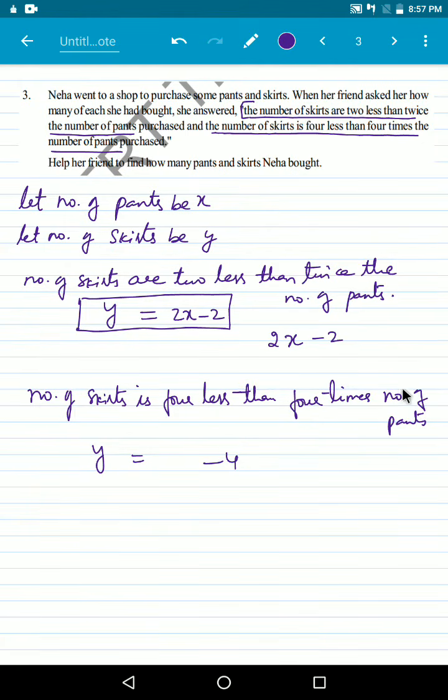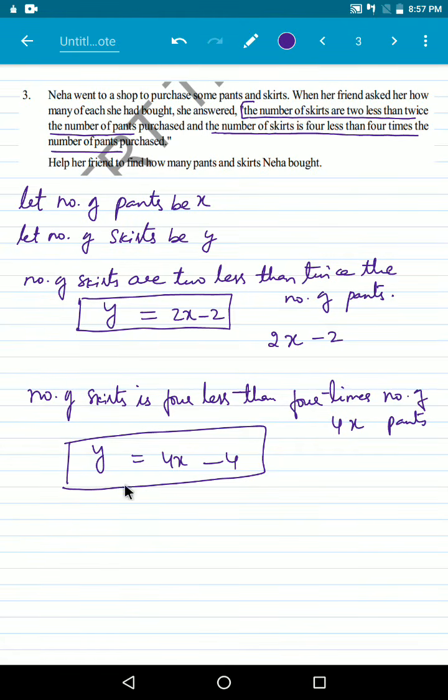From 4 times the number of pants. The number of pants is X, so 4 times will be 4X. So we should subtract 4 from 4X, because the number of skirts is 4 less than 4 times the number of pants. So this is the second equation we have.